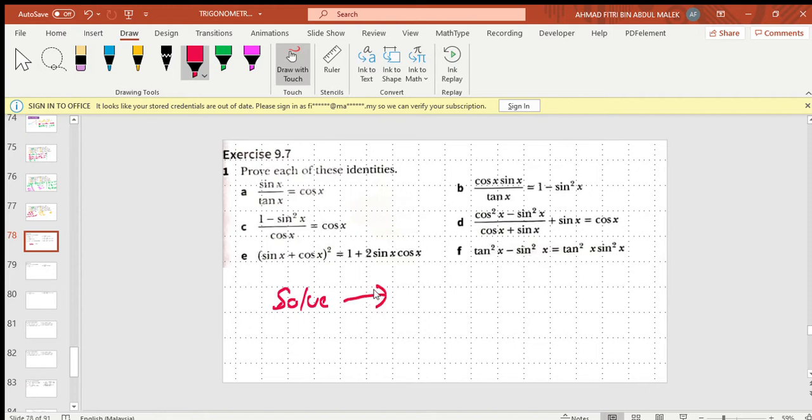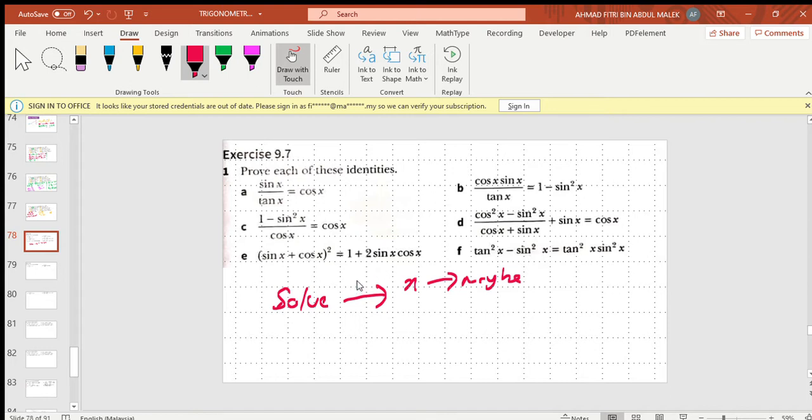When solving the equation, we try to find the value of the unknown x, which may be a trigo function itself, the value of a trigo function, or the value of the angle. So that is the first part of the questions.